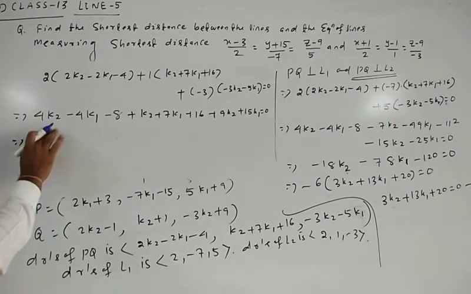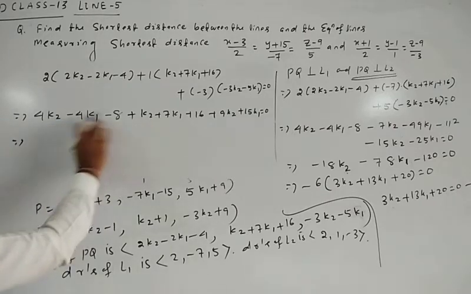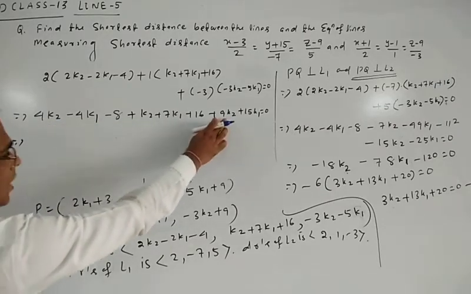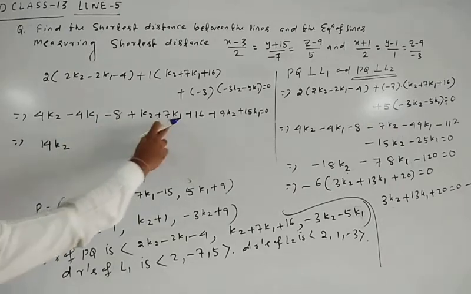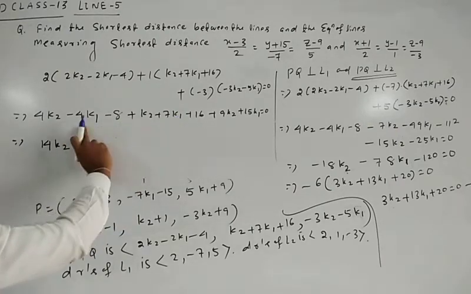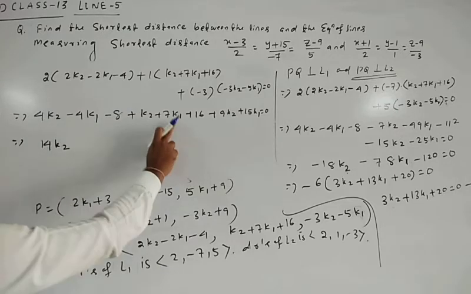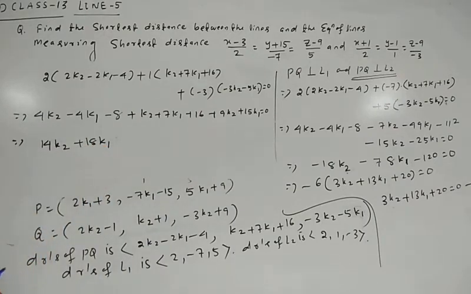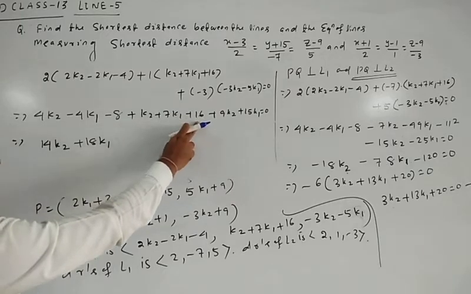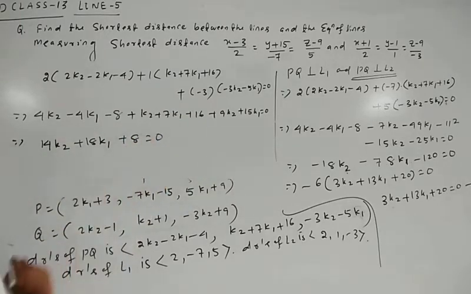So 4K2 plus K2 plus 9K2 is 14K2. Then minus 4K1 plus 7K1 is 3K1, and 3K1 plus 15K1 is 18K1. Then minus 8 plus 16 is 8, is equal to 0.